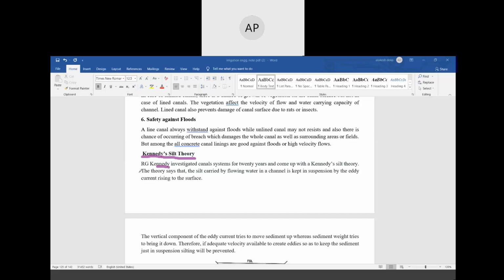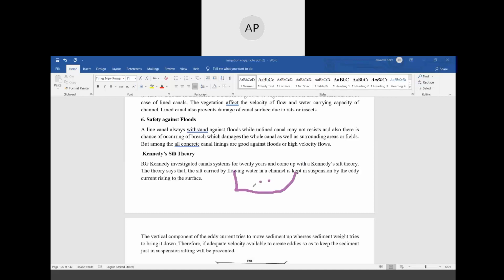This theory says that, suppose this is your canal bed.